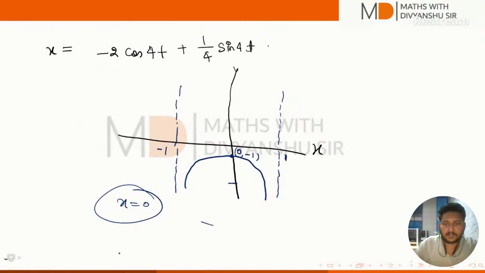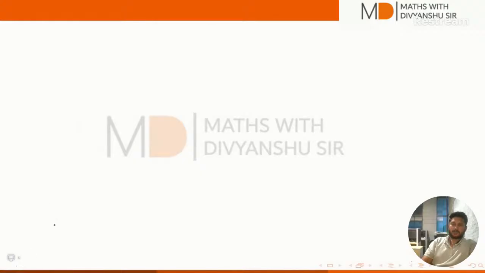Now, the next topic is initial value existence and uniqueness. In this problem, first I am showing you the steps, the same question. First, write the general solution.